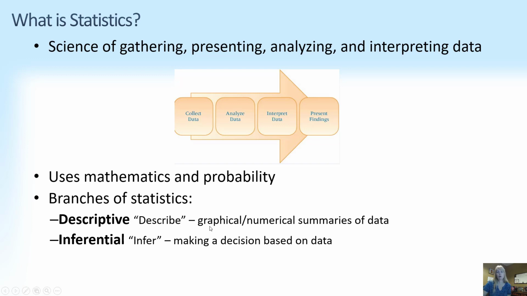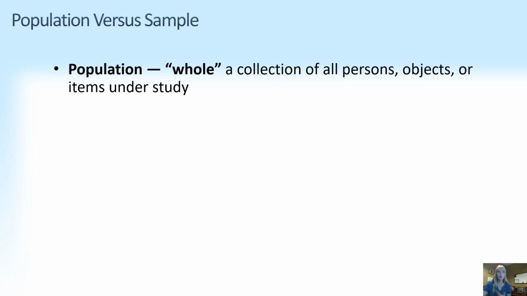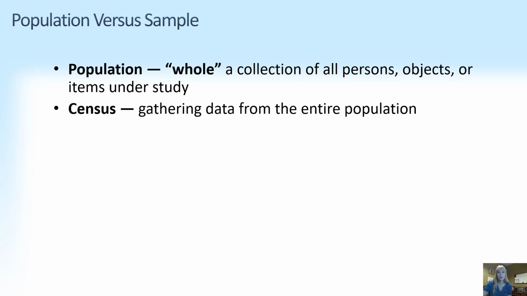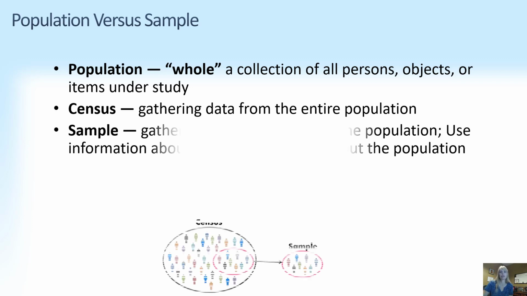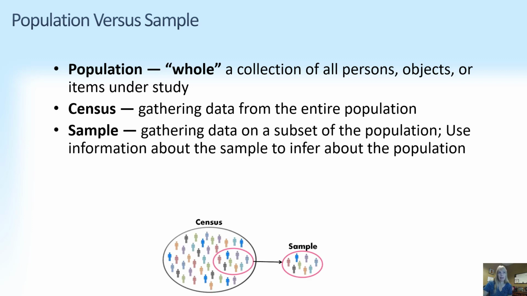As I mentioned, we normally start by describing our data, and then we try to make decisions based on the data. When we get data, we're interested in an entire population. If I could gather data from the entire population, that's a census, but typically I cannot.